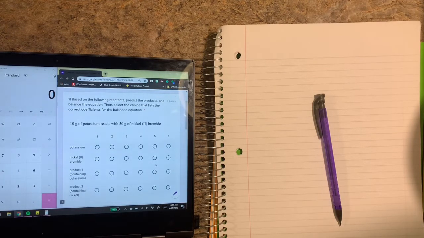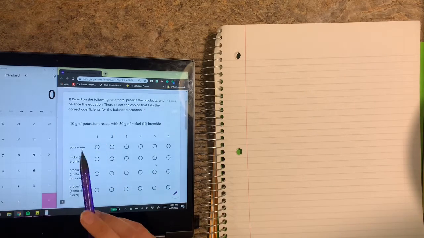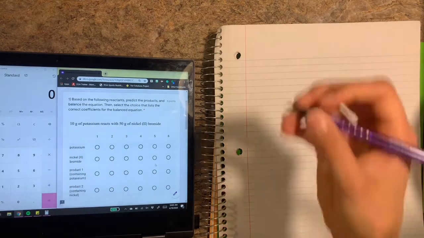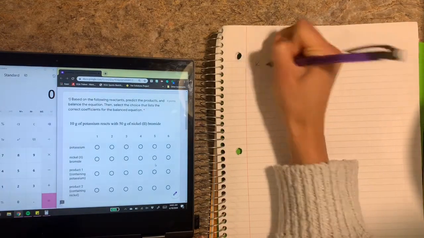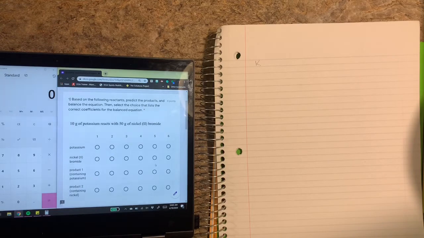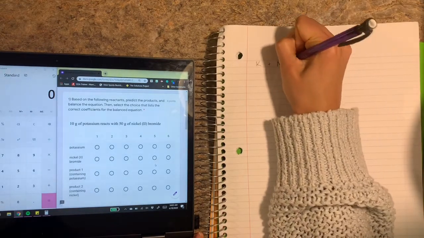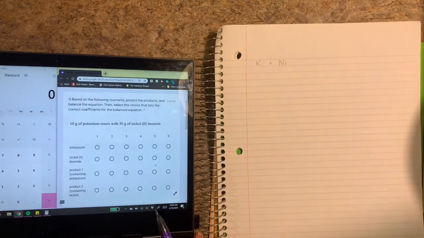So let's start by writing out our reactants. So our reactants are right here. So we have potassium, which we know to be K. It is reacting with nickel II bromide. Now nickel, we know, is Ni. This Roman numeral 2 is telling us that the nickel has a +2 charge.